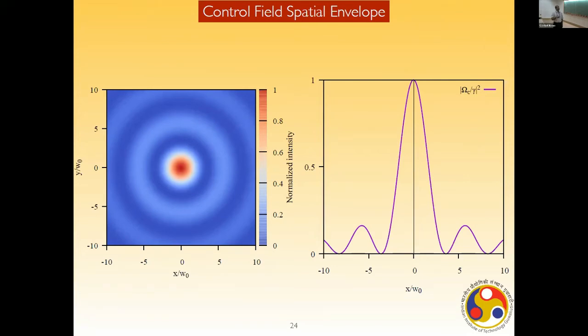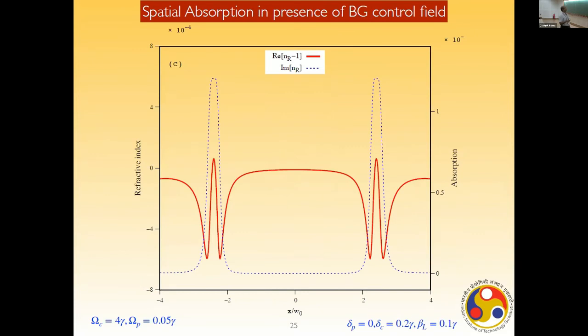When you have this Bessel beam, you can see that the refractive index is high at x equal to 0 and low at the wings. Here it is a guiding effect, here is the core effect, and the absorption is 0.